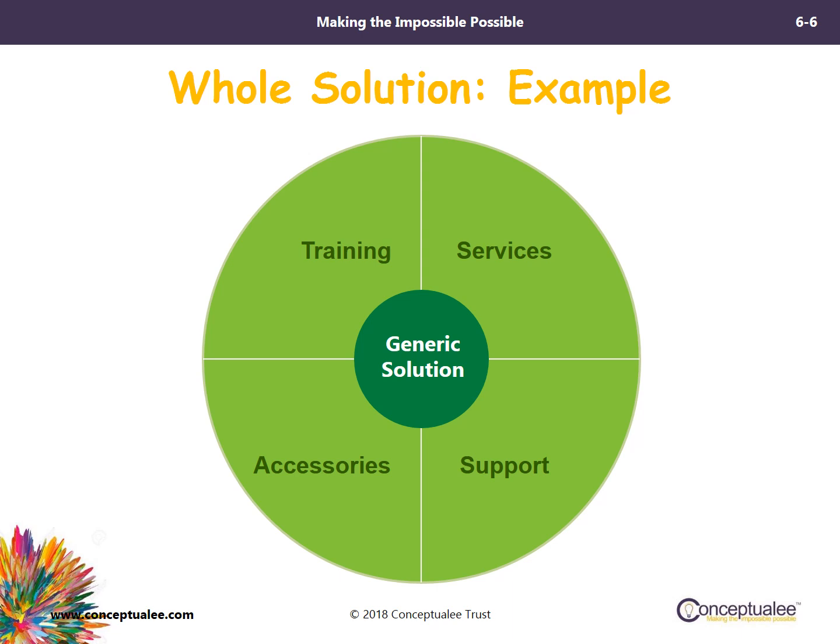So in our case, you could have many different parts that are part of the generic solution: training and services and accessories and support. It's a bundled group of products and services that are the generic solution. But then there are aspects of all of these that are expected, then augmented, and then the full potential.